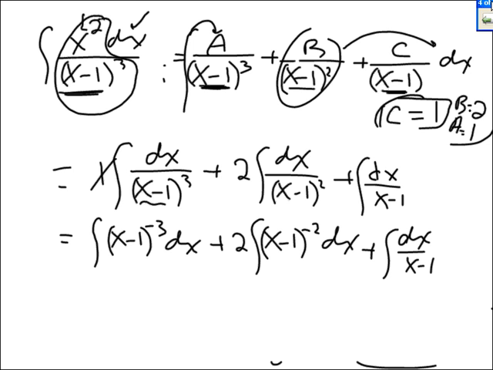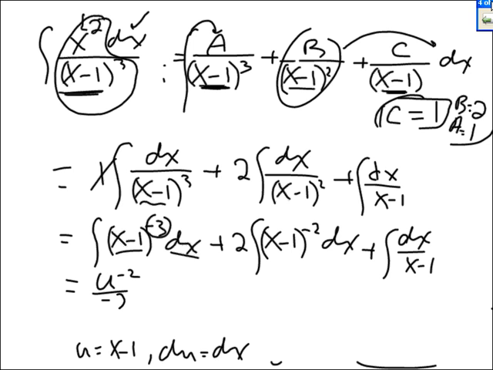Now, if u equals x minus 1, du will just be dx. This is u to the negative 3 du. Add 1 to the power, divide by that power, plus there's a 2. This is u to the negative 2 du.